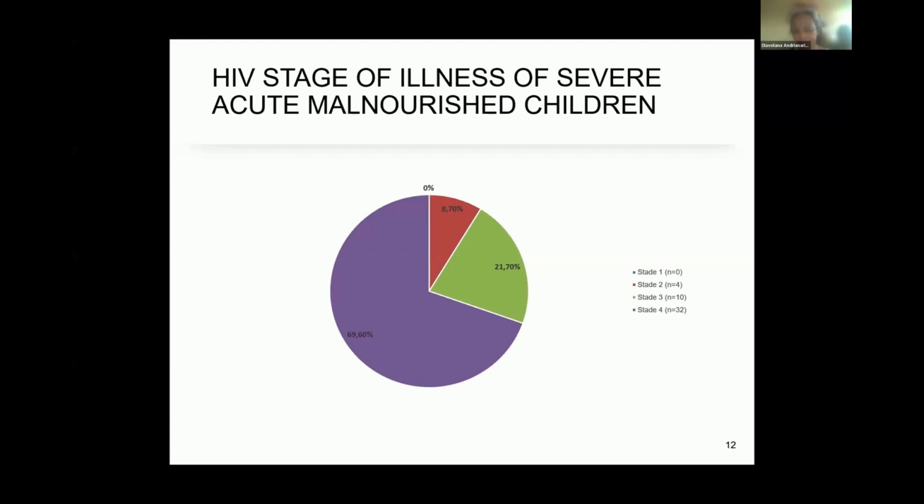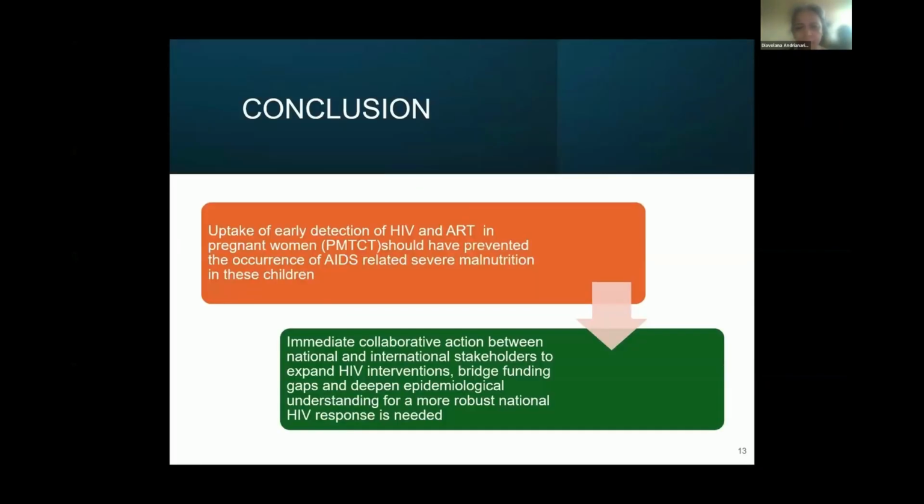So we missed opportunities already during the pregnancy to avoid mother-to-child transmission of HIV. As I said before, it was especially in southern Madagascar, in the program fighting malnutrition, that this very high rate of HIV positivity was detected in severely acutely malnourished children.